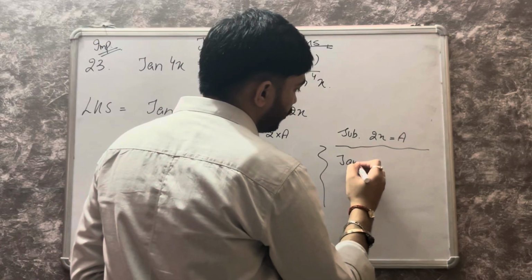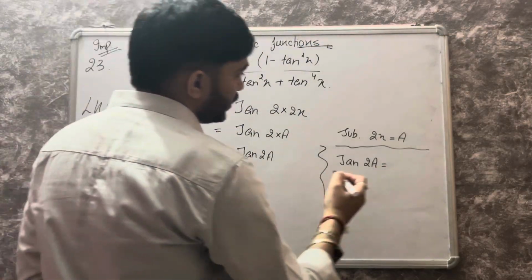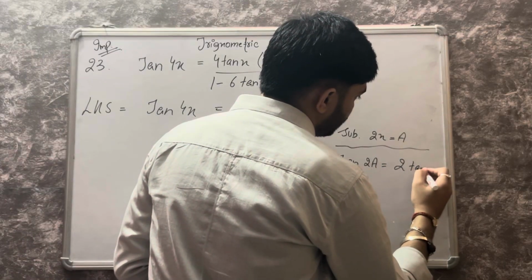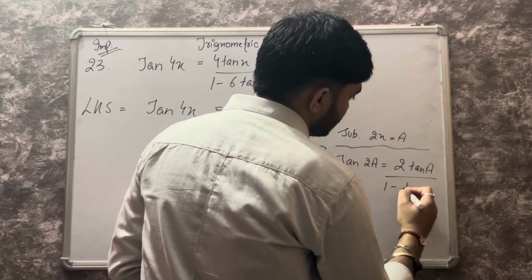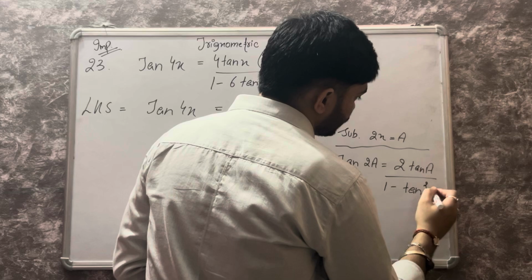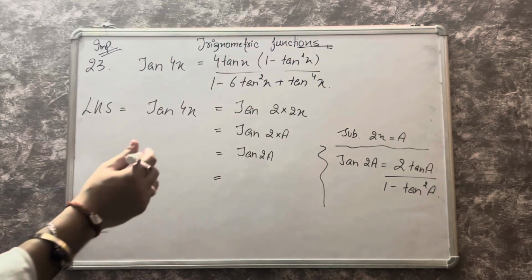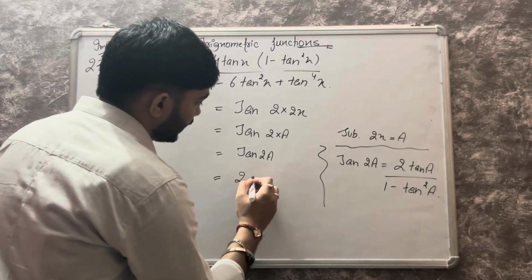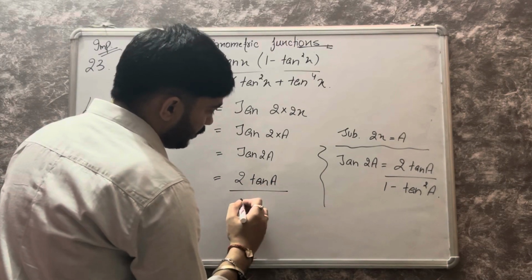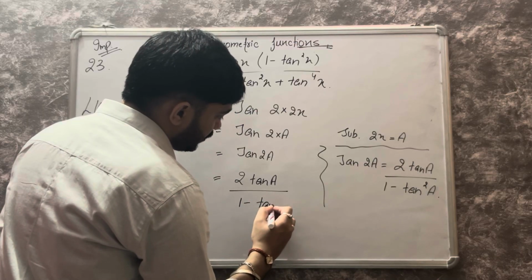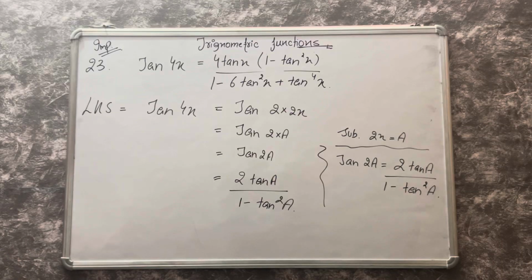The formula for tan 2a is 2 tan a divided by 1 minus tan square a. So after applying this formula we will get 2 tan a divided by 1 minus tan square a. Any doubt?